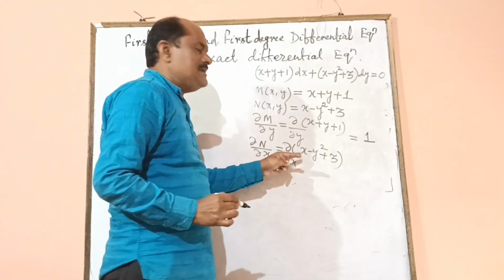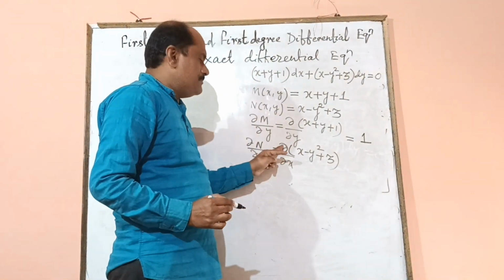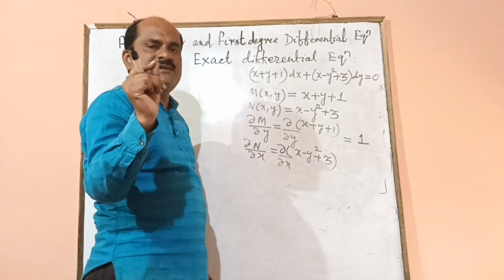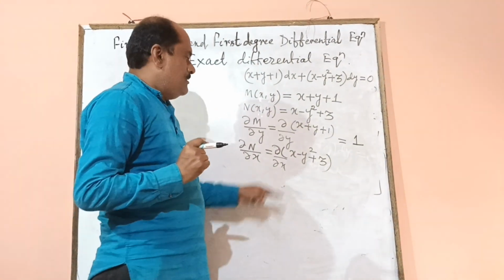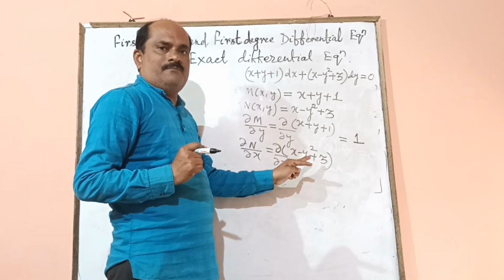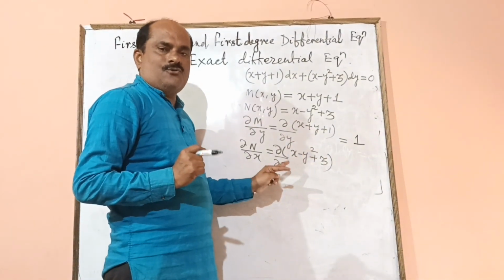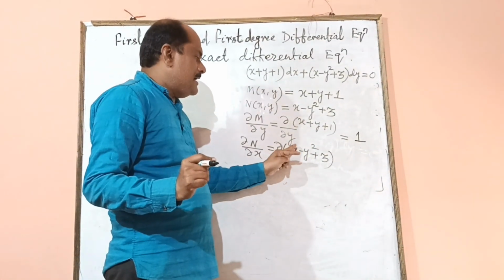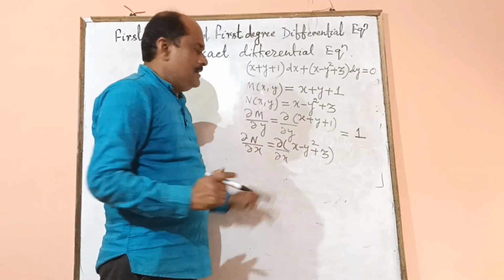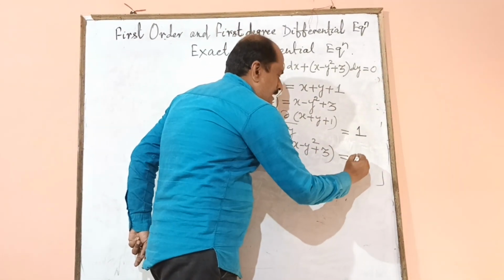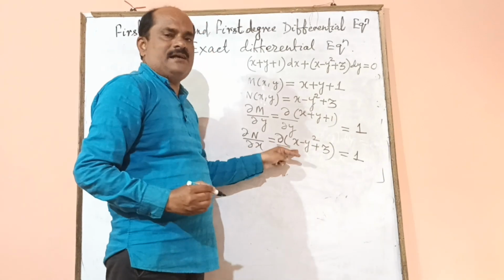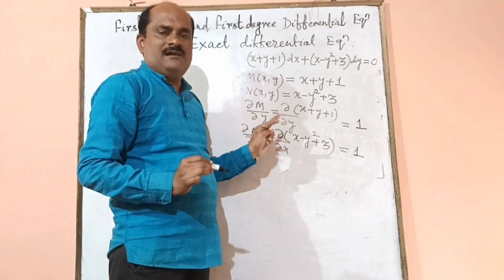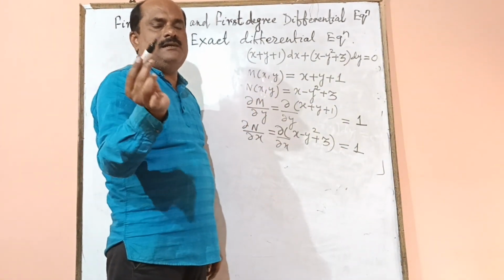We take the partial derivative of this with respect to x. That means y is treated as constant. y square is a constant term. 3 is constant. So only the derivative of x with respect to x is equal to 1. The derivative of y square is 0 as y is constant. The derivative of 3 is 0.